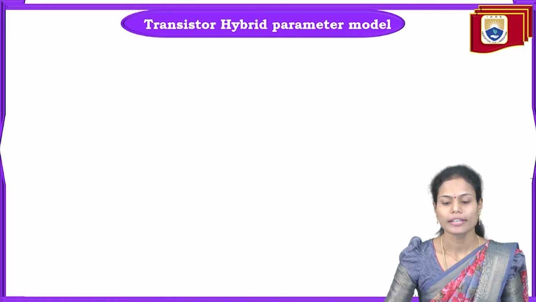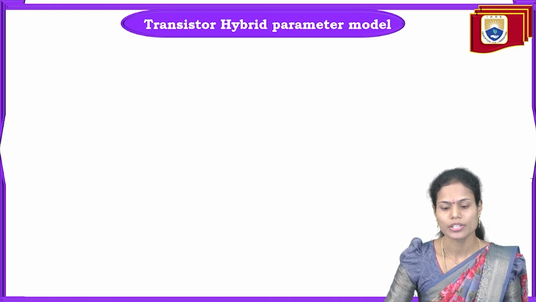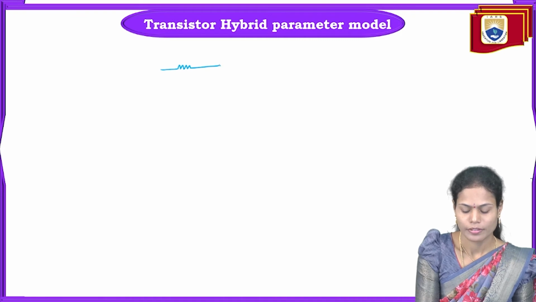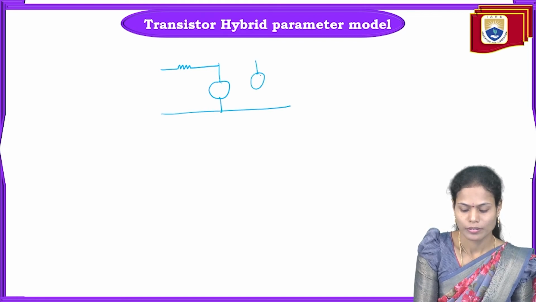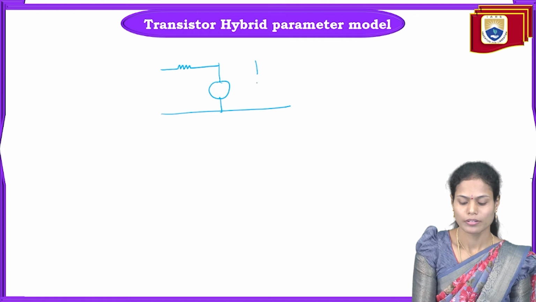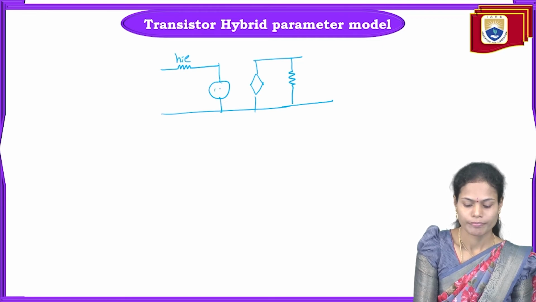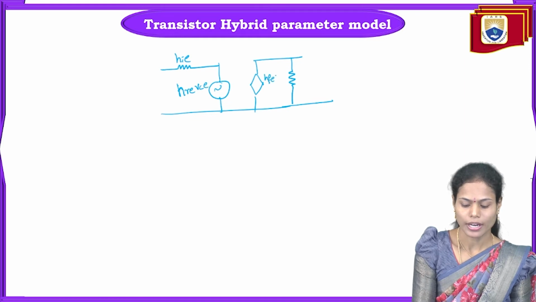So here again we have to take the equivalent circuit, the hybrid equivalent circuit, by using these parameters. So this is HIE, HRE VCE, HFE IB.